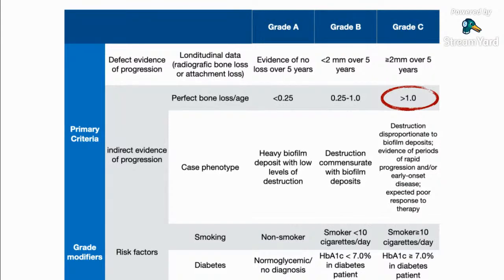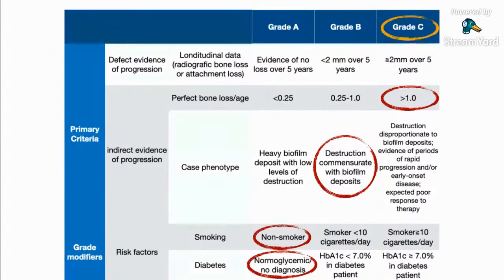I'm going to explain later. And the case phenotype was destruction was so-so compared with the biofilm deposit. And he was a non-smoker and has no risk of diabetes. But we assigned grade C in this case.